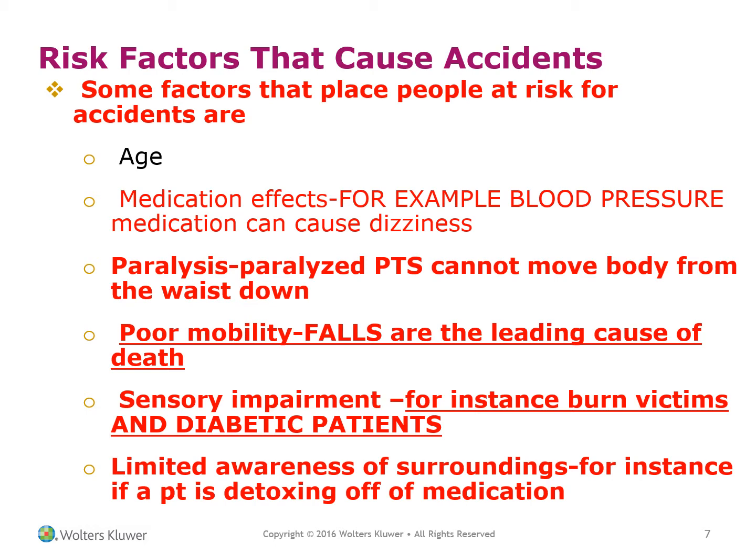Remember that falls are the leading cause of death. Sensory impairment: those that are diabetic, burn victims, maybe they can't feel warm or hot water, that also puts them at risk for an accident. Limited awareness of surroundings: maybe if a person has dementia or if they're detoxing off of medication.